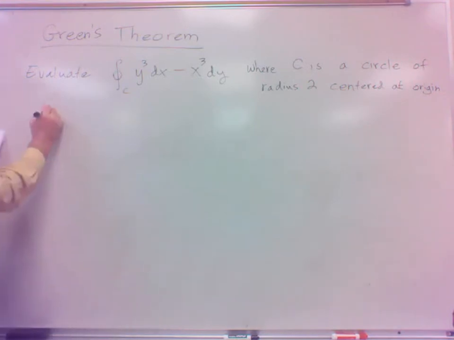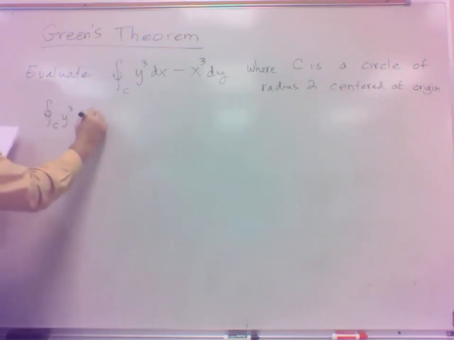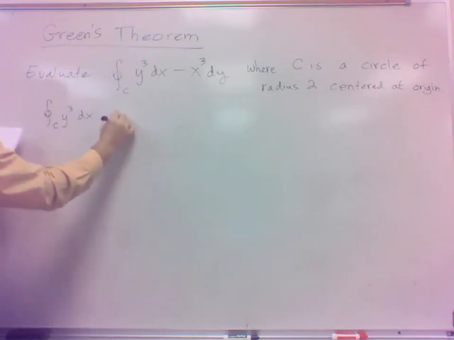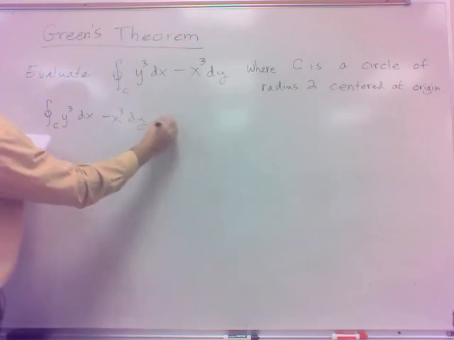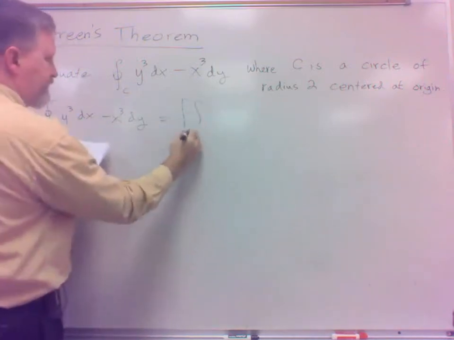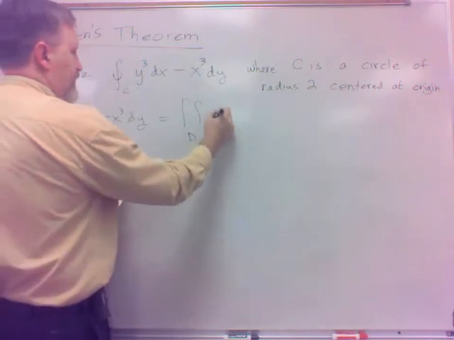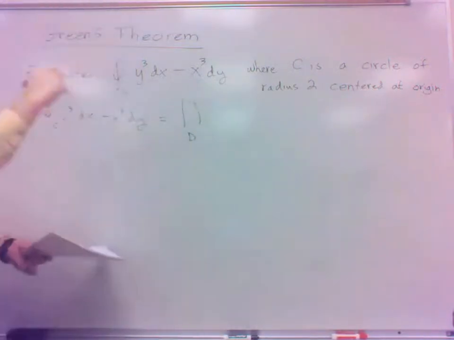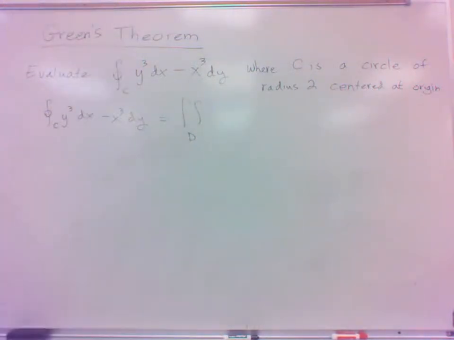So let's just get it set up here first with Green's theorem. It's the double integral over D, which D is just going to be the interior of the circle, right? I don't know if there's any reason really to draw it here because it's pretty straightforward.